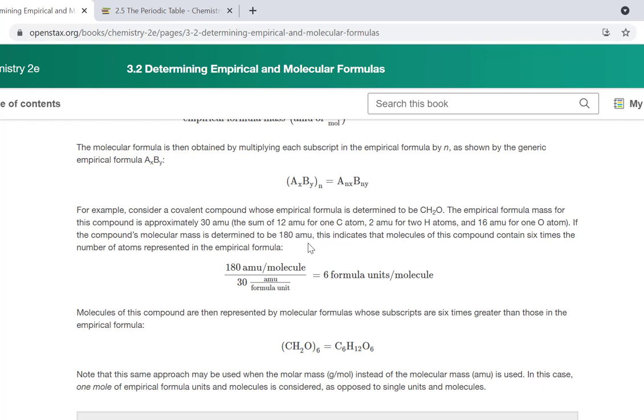So we have to be given the molecular mass and the empirical formula in order to do this. In some cases, you might be given information from which you find the empirical formula, and that would be similar to things we've done previously in this section, before then going on to finding the molecular mass.